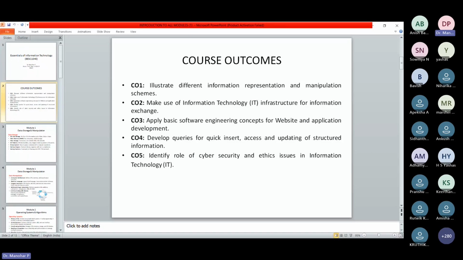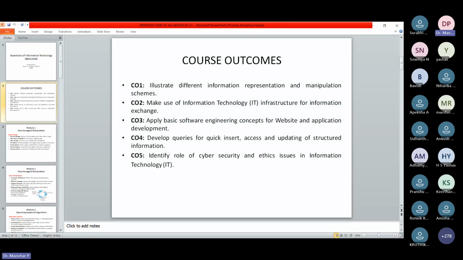The fourth course outcome is about accessing the tables. There are two kinds of data, either structured data or unstructured data. If the data is stored in the form of a table, then there will be rows and columns, and you can insert, access, and perform some operations on the data.